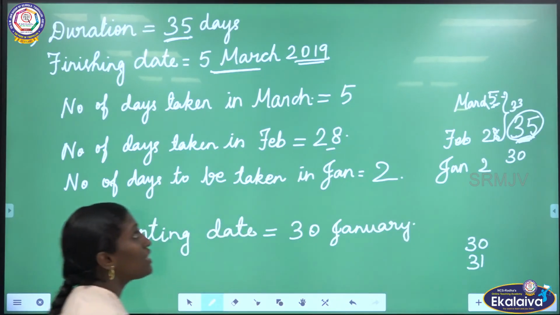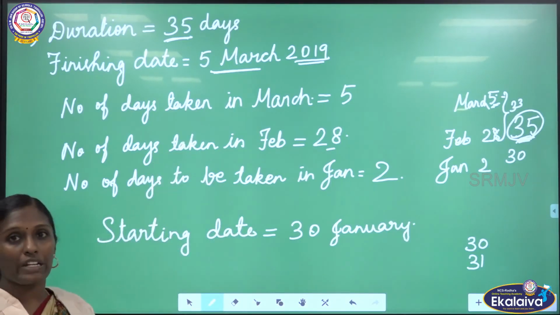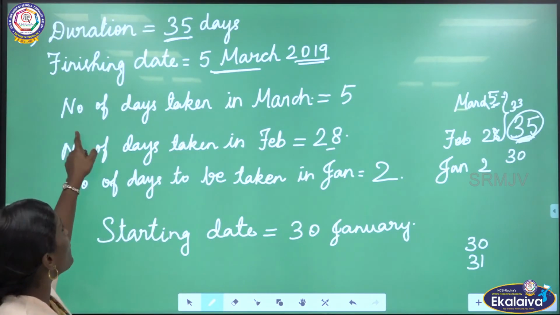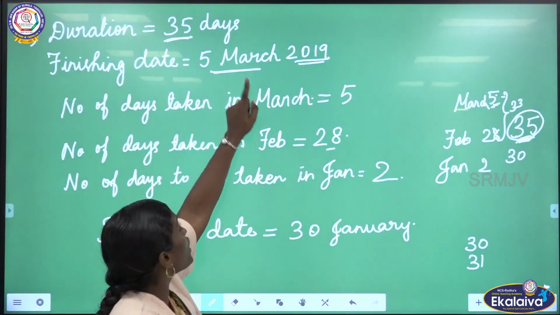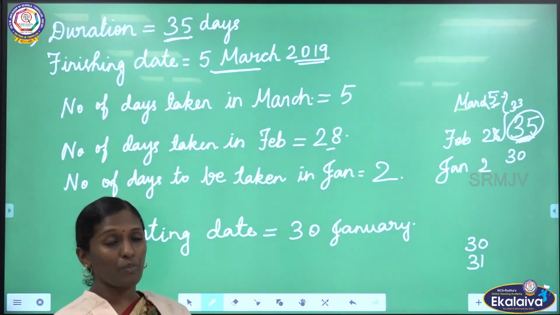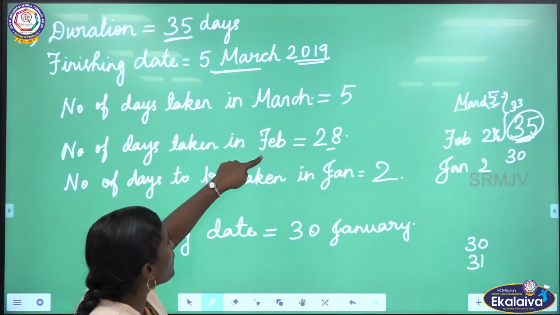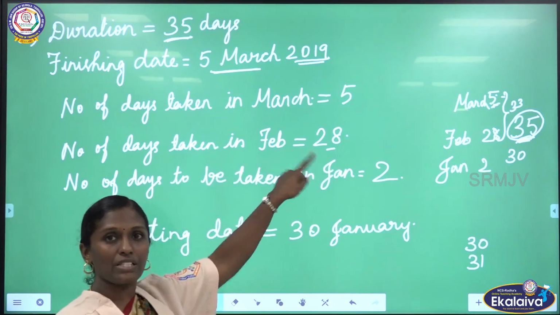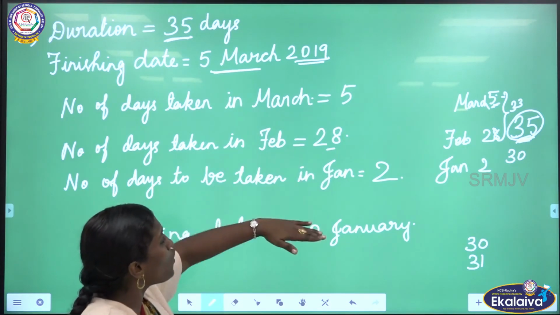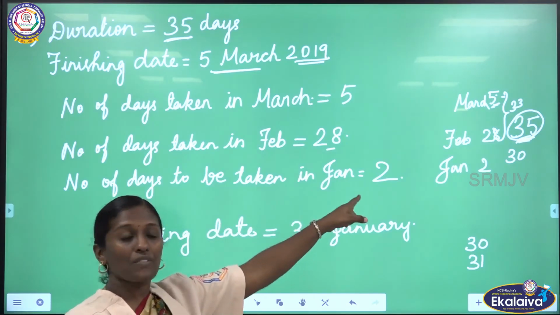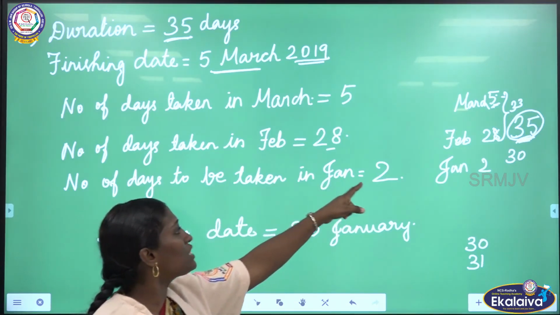Here we are taking the before months to find the starting date. Okay, first we are finding the number of days taken in the given month March. Then we are taking the before month February, number of days in February. Then before month January. Okay, we are finding the number of days to be taken in January.